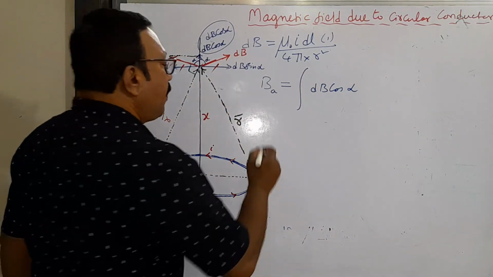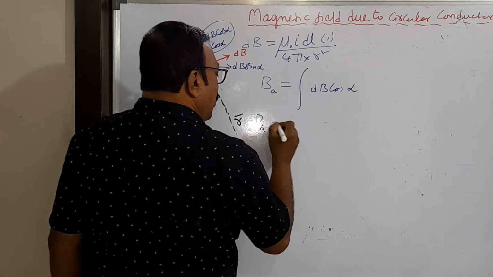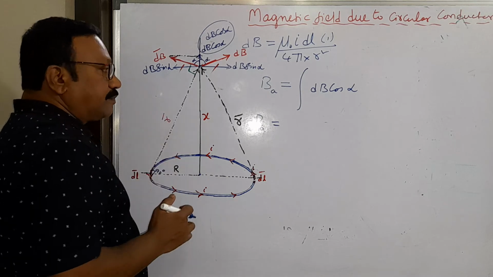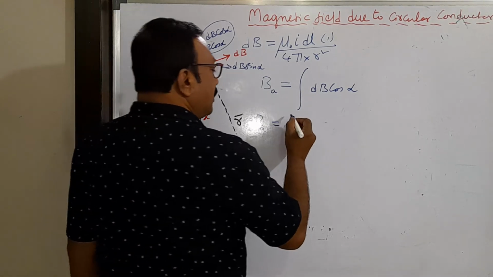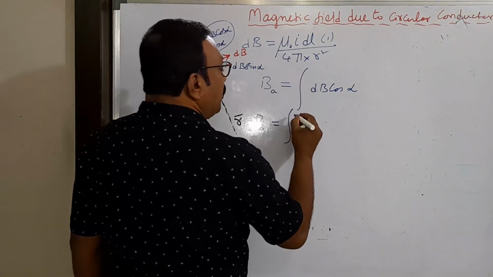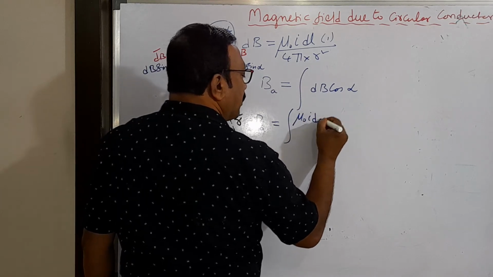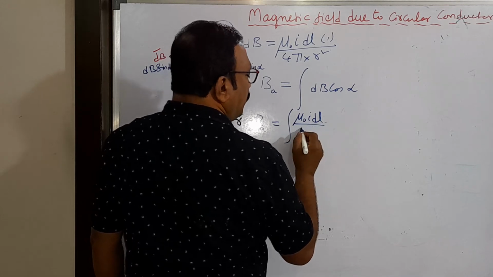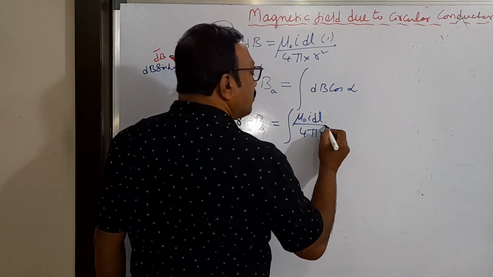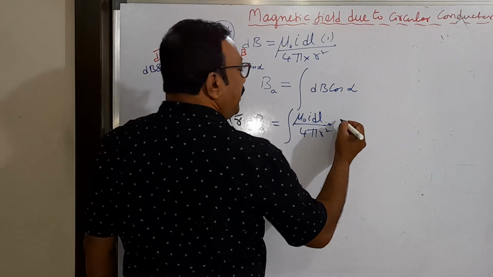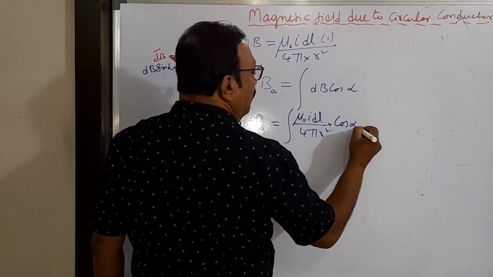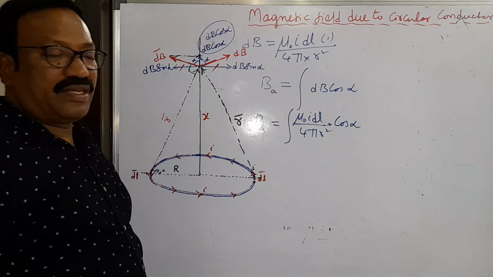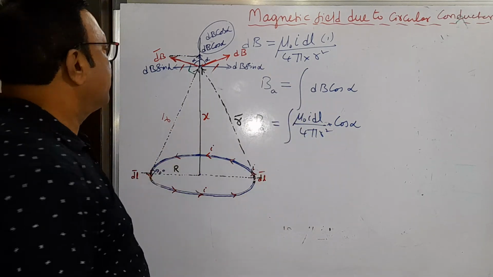You get the answer. So the magnetic field on the axis at a distance x from the circular conductor having current is the integral of mu naught I dl into 4 pi small r square into cos alpha. Let us see what is cos alpha and what is small r square and let us substitute.